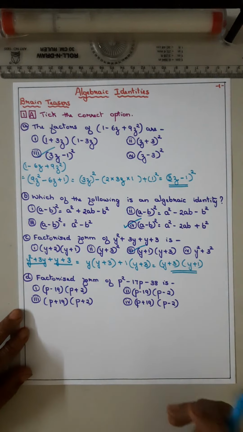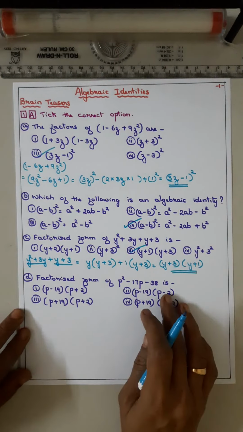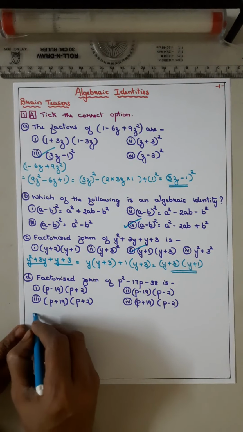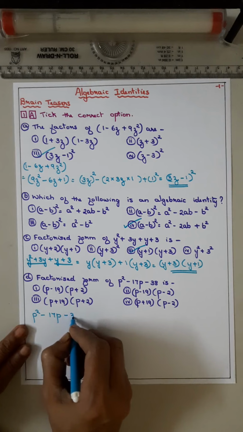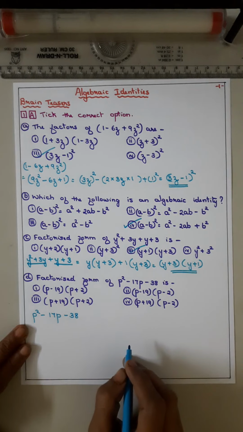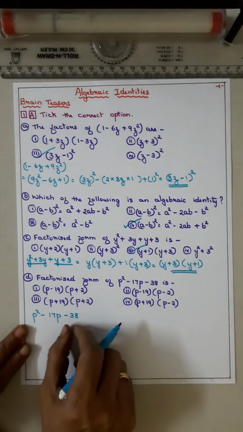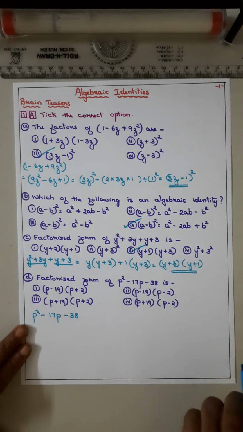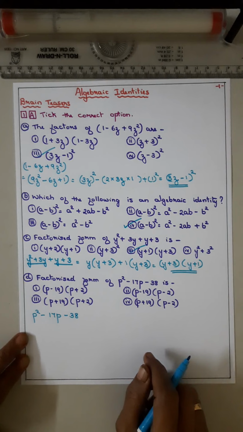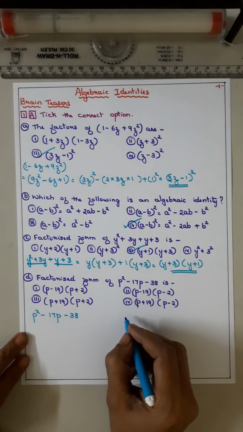Now coming to the factorized form of p squared minus 17p minus 38. So इधर आप लोगों को ये स्क्वायर नहीं है, ये स्क्वायर है लेकिन ये स्क्वायर नहीं है, तो तब भी कौन सा वाला मेथड यूज करने का है, द प्लस एंड मल्टीप्लीकेशन डालकर, है ना.